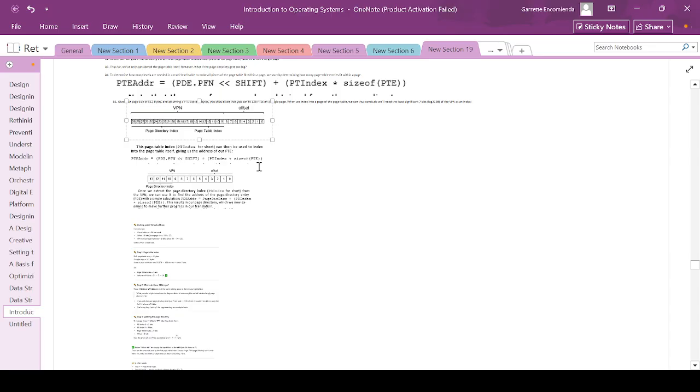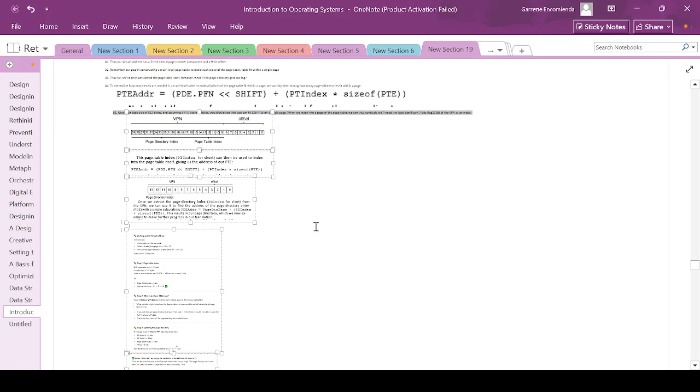We start with the first page table entry: PTE address equals PDE.PFN shifted, plus page table index times size of PTE.